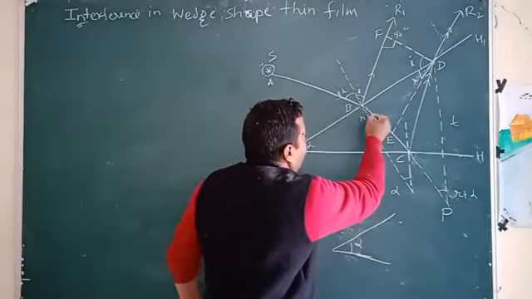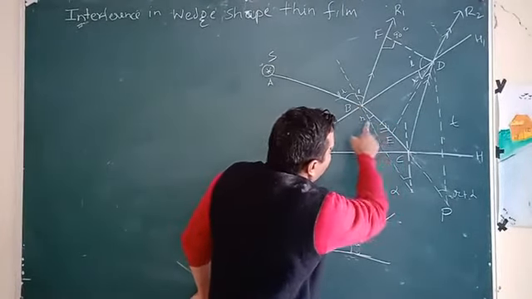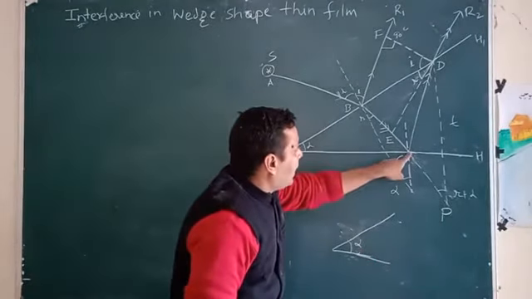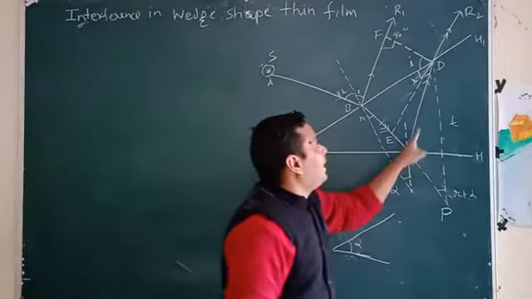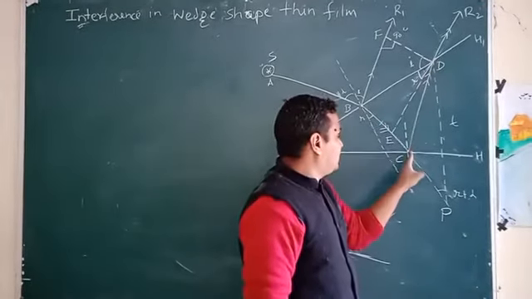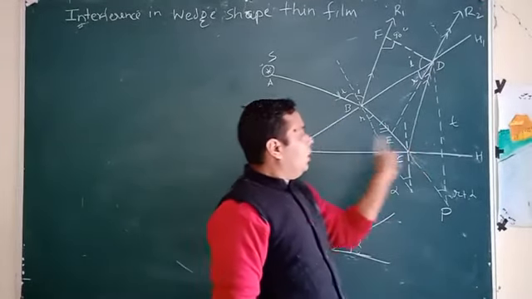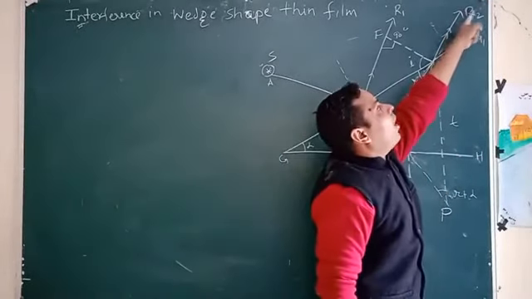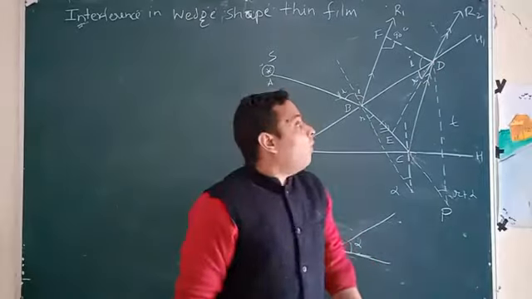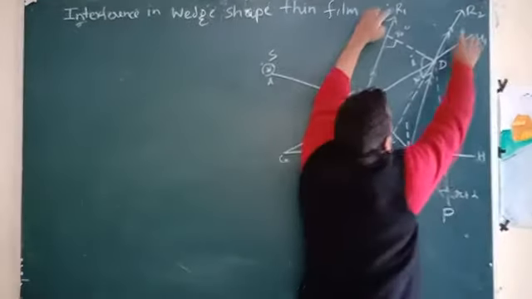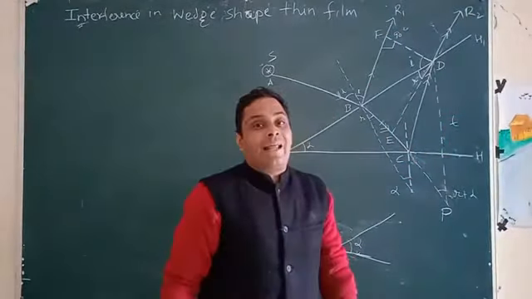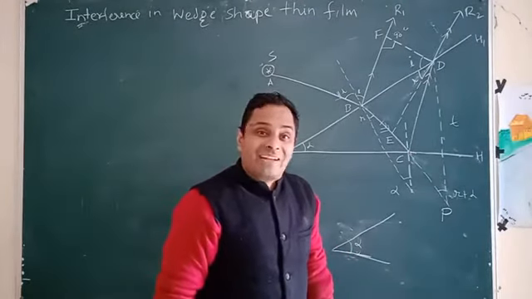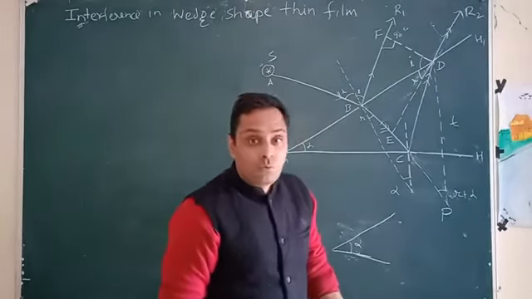The ray is refracted with angle r and is incident upon C. It is reflected back from C on the lower interface, and from C it will strike D and come out in the form of ray R2. So R1 and R2, two rays, interfere with each other and create an interference pattern.